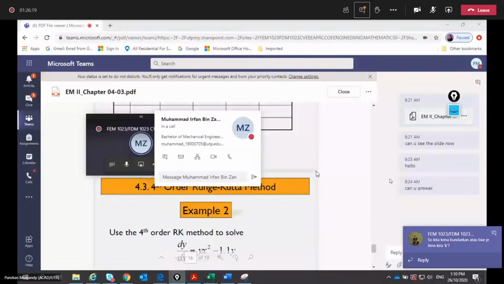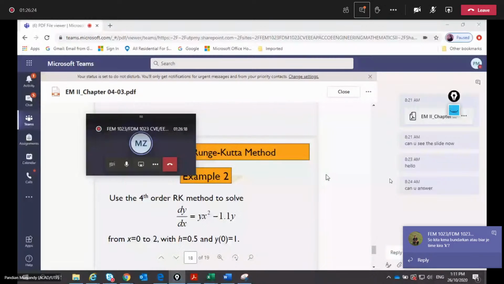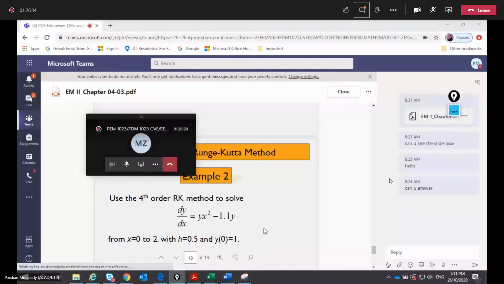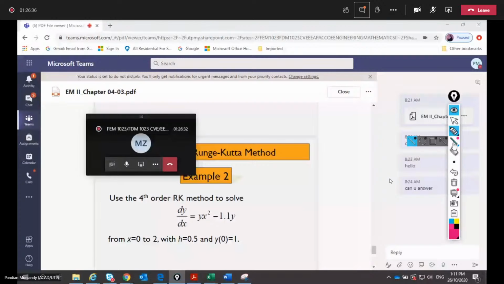Okay. All right. So we move on to the last example for today. Example 2. Look at example 2. Again, use the fourth order Runge-Kutta method to solve this differential equation. If you look at it, dy/dx must be on the left hand side.